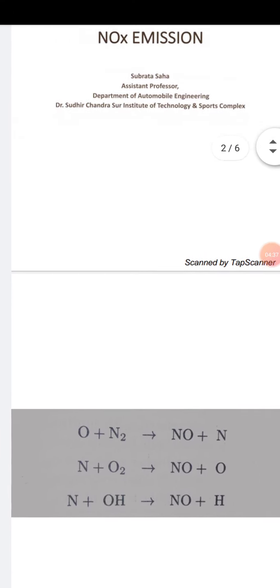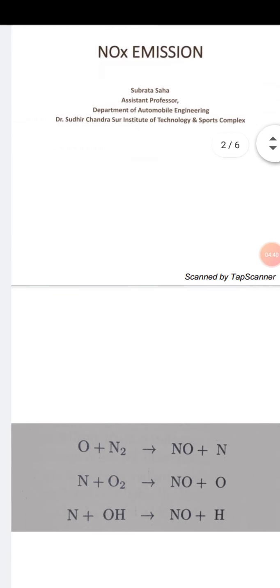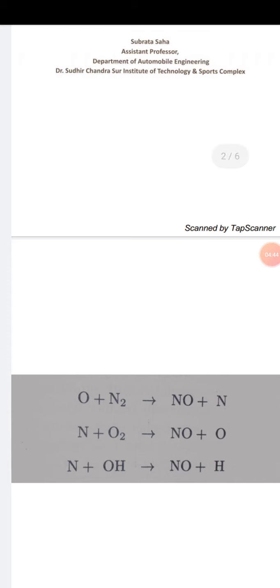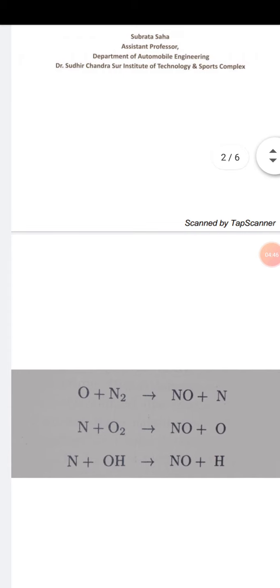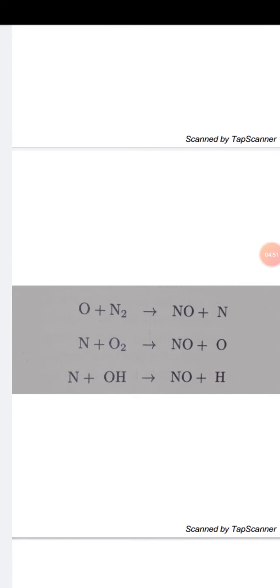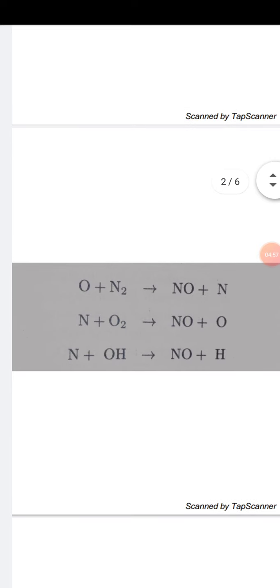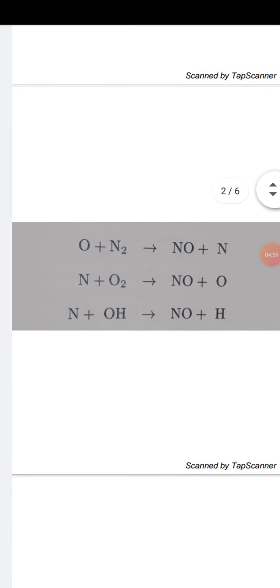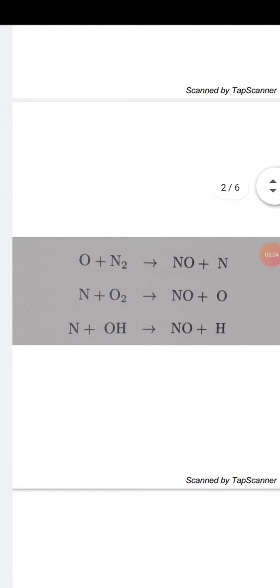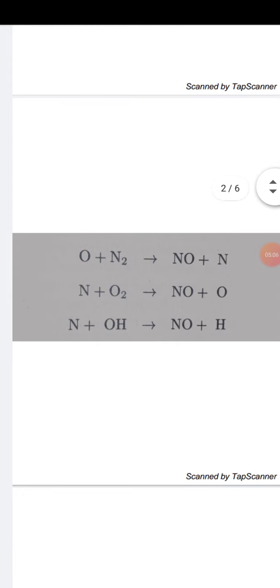There are a number of possible reactions that form the oxides of nitrogen. I have mentioned some reactions, and all of them probably occur during the combustion process and immediately after, and these include but are not limited to the NOx formations.